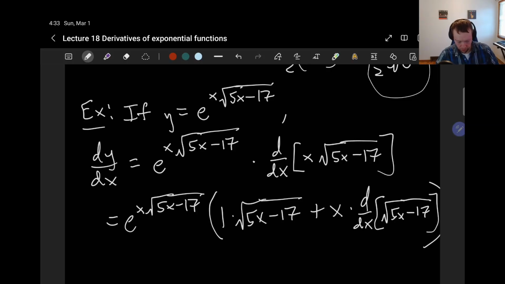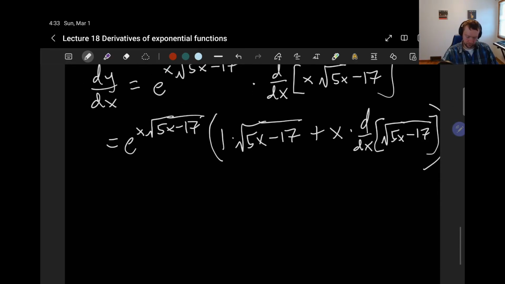So I just did product rule there, the derivative of, well, this product. Well, notice that this is actually not the simplest derivative in the world either. This is also a function composition, where I have the expression 5x minus 17 being plugged into a square root. That's function composition, so that little derivative part is going to be a chain rule.